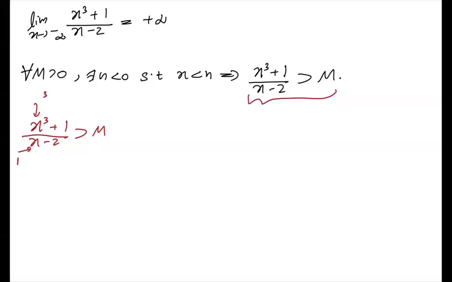Here the highest power of the denominator is 1, and of the numerator is 3. So then I can write x squared plus 1 over x, divided by 1 minus 2 over x, greater than m. If I can prove this one, it is exactly similar, but there is a catch.